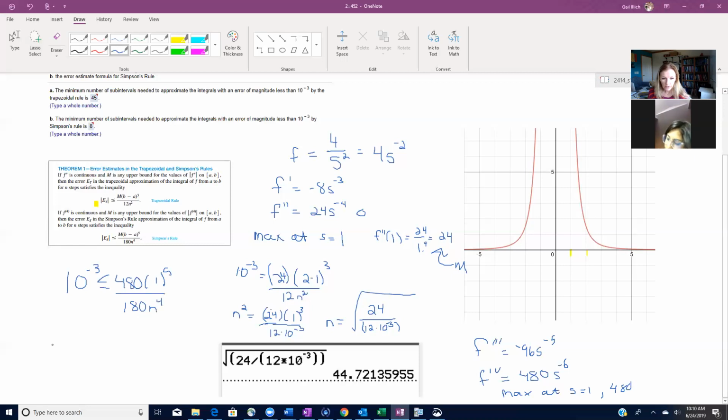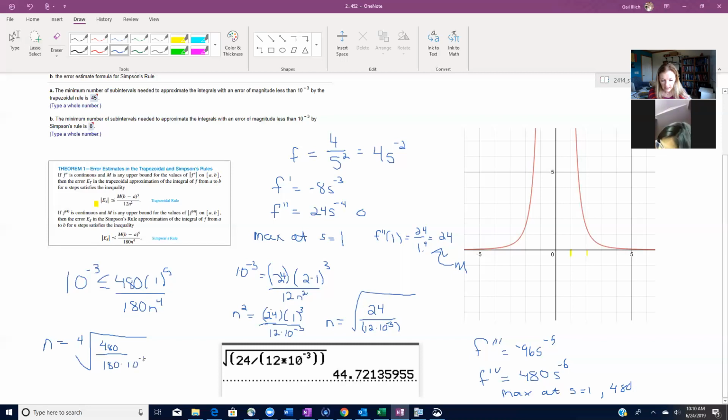Mm-hmm. So n will be equal to the 4th root of 480 divided by 180 times 10 to the negative 3.